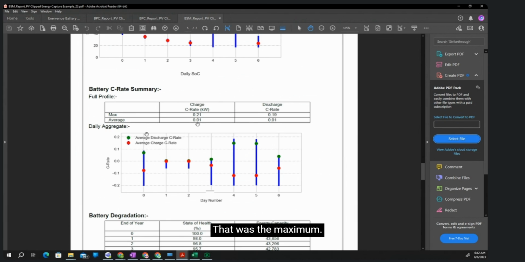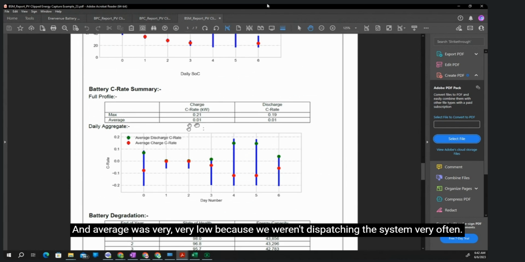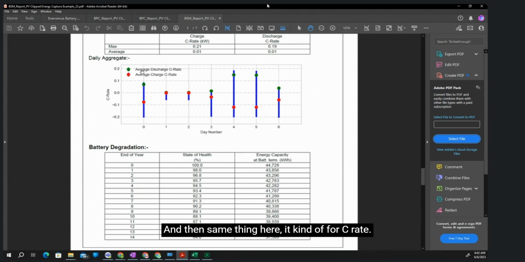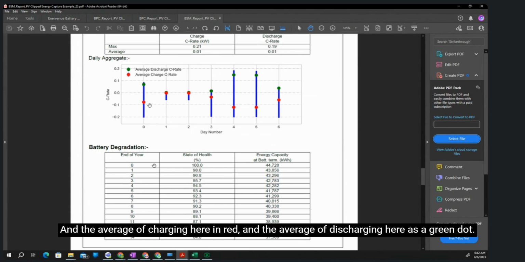That was the maximum, and the average was very, very low because we were dispatching the system very often. And same thing here for C rate, it tells you the maximum charge C rate, maximum discharge C rate, and the average of charging here in red, and the average of discharging here as a green dot.